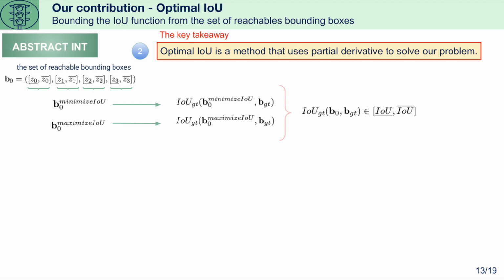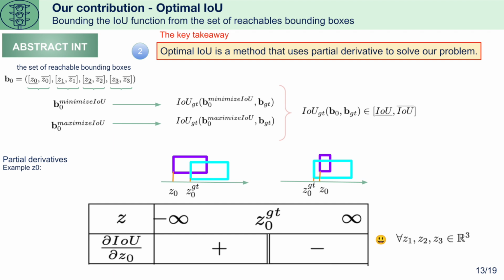Again, I guess you are thinking, okay, but how do we obtain the maximum and the minimum? And here we use partial derivatives to do it. So let's take, for example, the coordinate z0. There are two cases: when z0 is lower or higher than z0 gt, the coordinate of the ground truth.